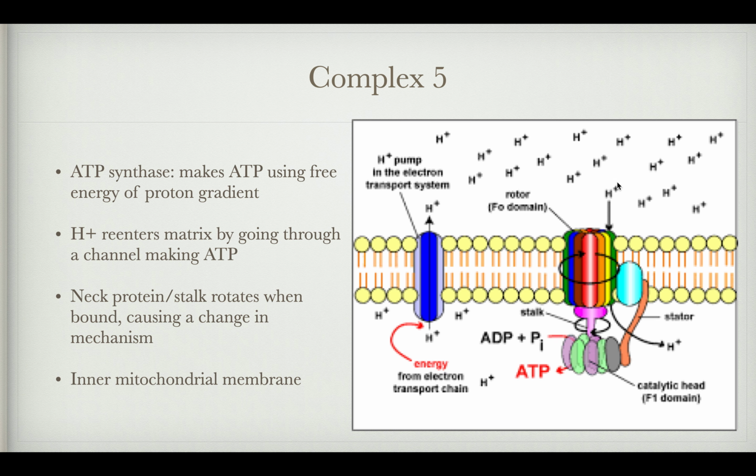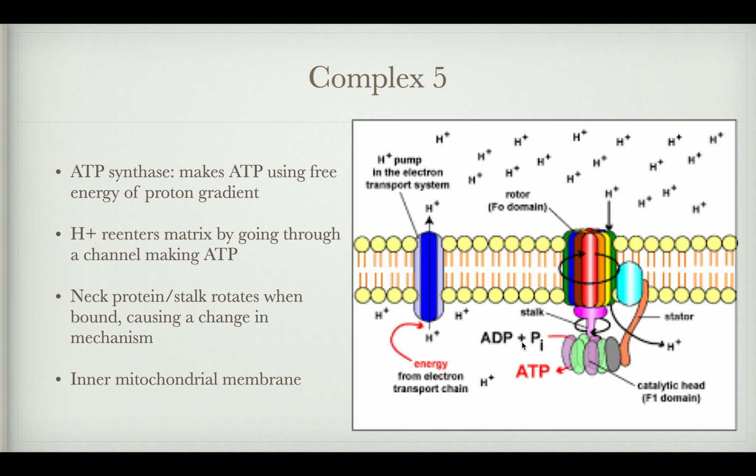So the hydrogen protons will re-enter the matrix by going through a channel, and by that, it will cause the neck protein or the stalk to go through a conformational change, and then from that, it will rotate, and then the mechanism will change, and it will produce the energy needed for ADP to be phosphorylated in order to make ATP, sorry.